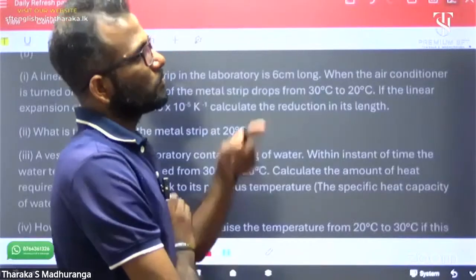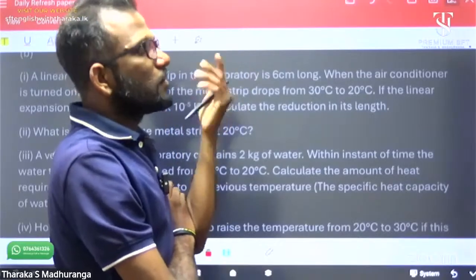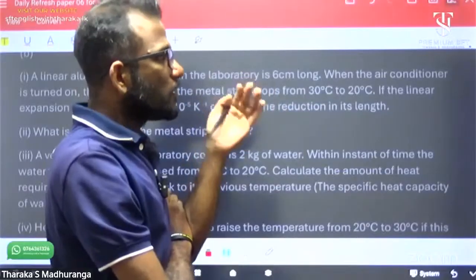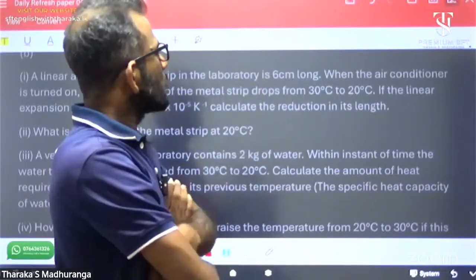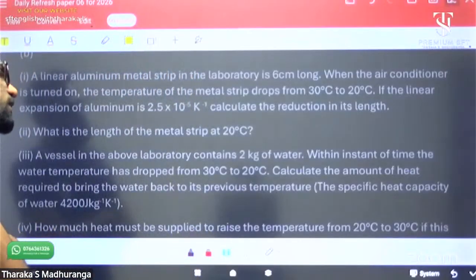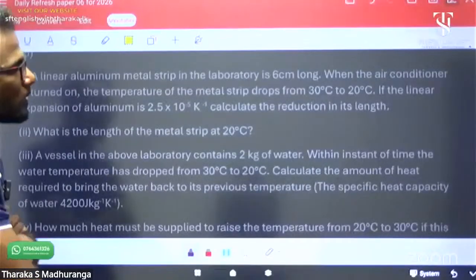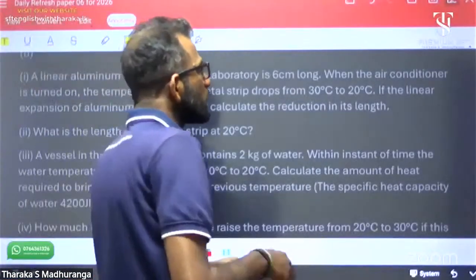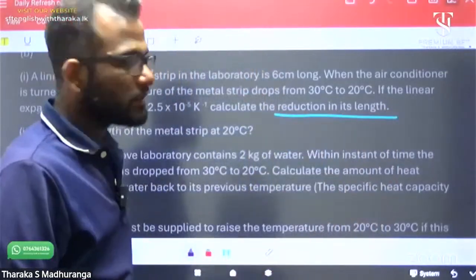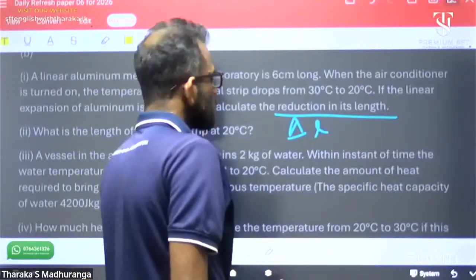That's okay because before the air conditioner started it was 30 Celsius, but when it is working, it dropped to 20 Celsius. If the linear expansion coefficient of the aluminium is 2.5 times 10 to the power minus 5 per Kelvin, calculate the reduction of its length. Reduction means contraction. Delta L is asked.